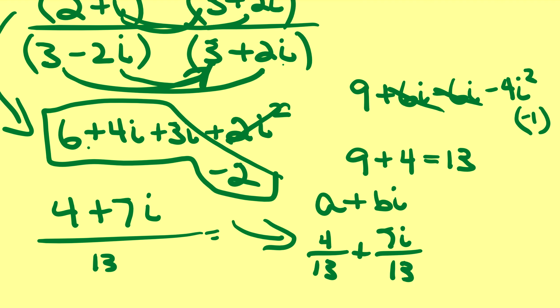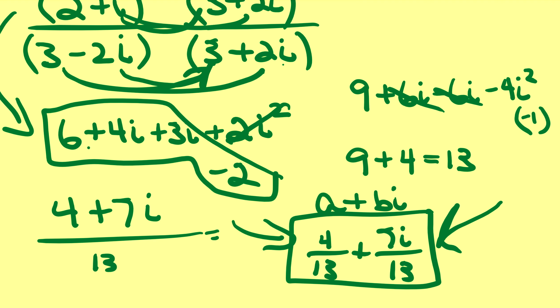And now this is the proper form. This is a, which is 4 over 13, b, which is 7 over 13, times the i. So this is the proper form of the answer you'll get. Okay, we did the conjugate of the denominator because it's a binomial.